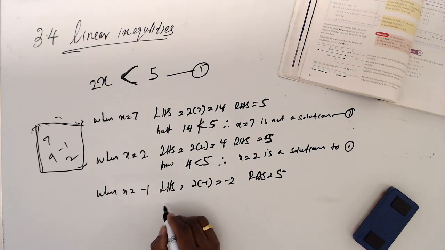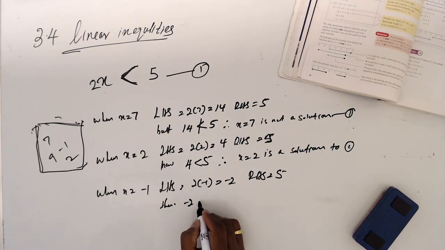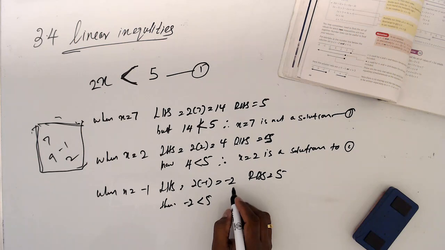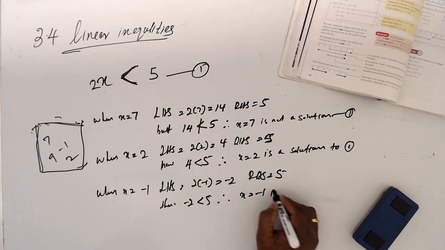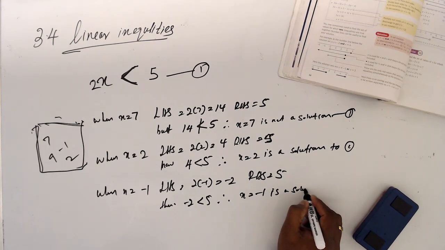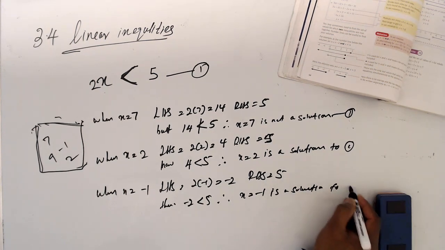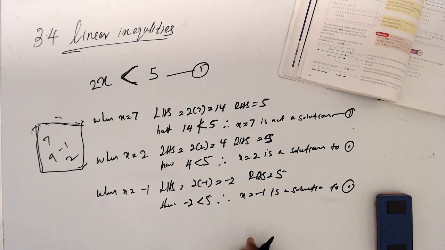Now, minus 2 is less than 5. Hence x equals minus 1 is a solution too. So we check like that.